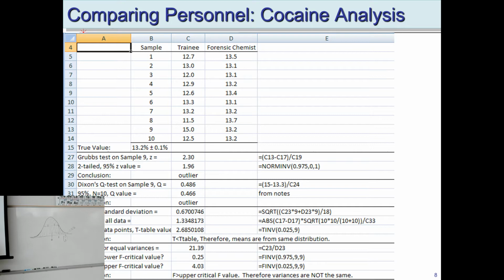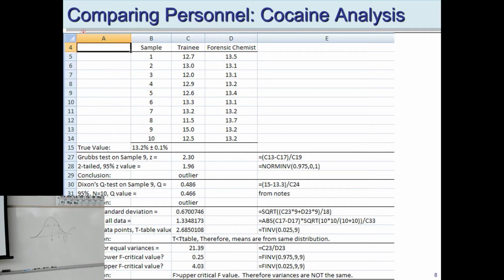Remember, we're operating at 95% confidence, and so we take that alpha of 0.05 and divide it by 2, because we could be off on the high side or on the low side. And so we're looking to see where it exits that middle shaded area on either the high side or the low side. And so that's our t-critical value.